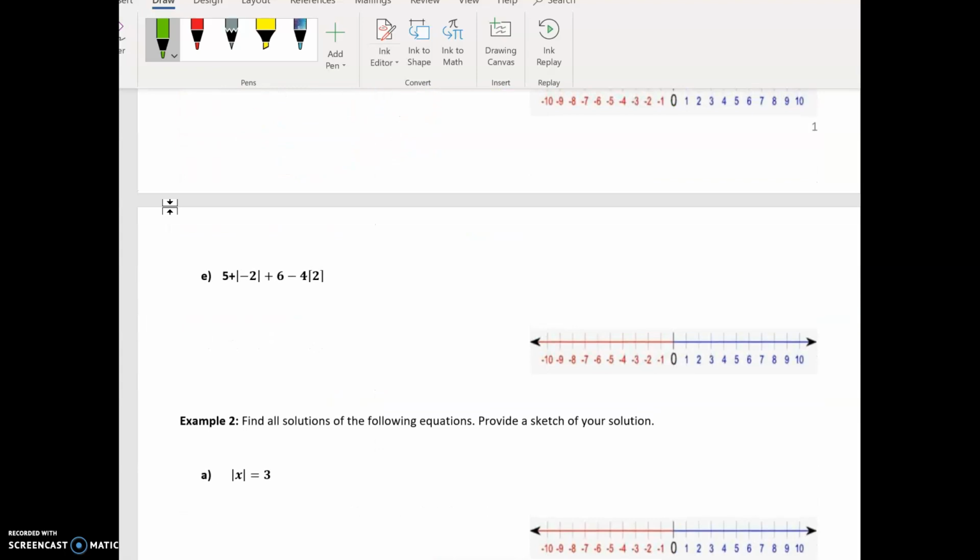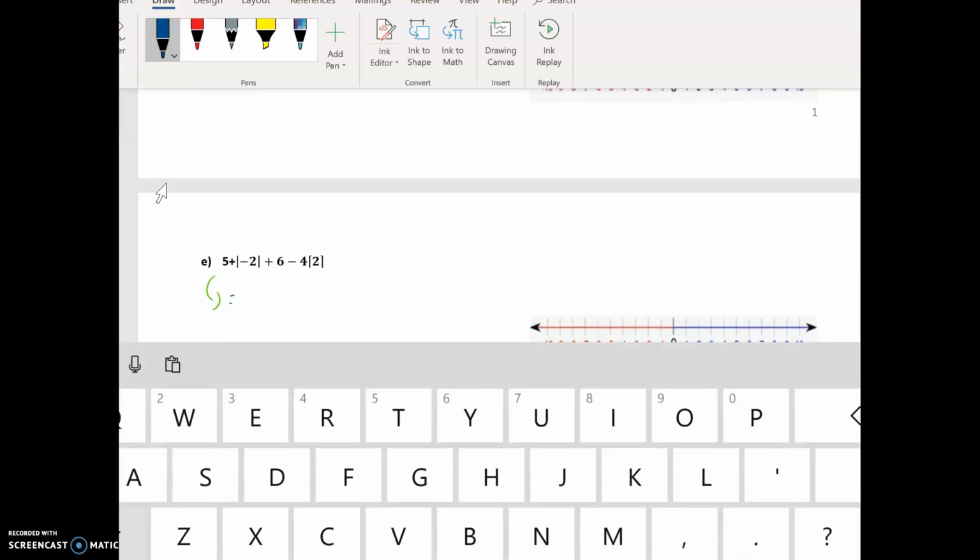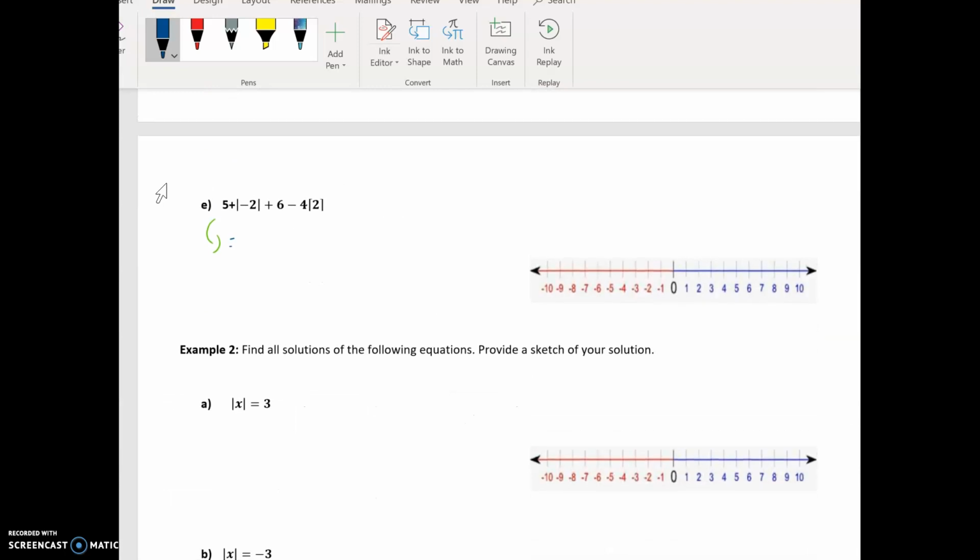Let's go to the last one for this example, and let me actually rewrite it. So in this case, this expression happens to be the same as the value of 5 plus, technically, 2, which happens to be the absolute value of -2.